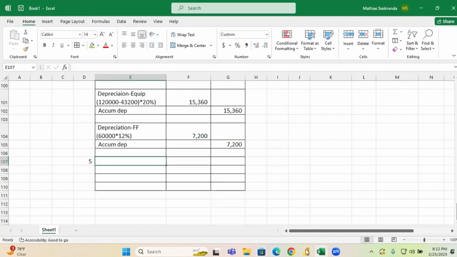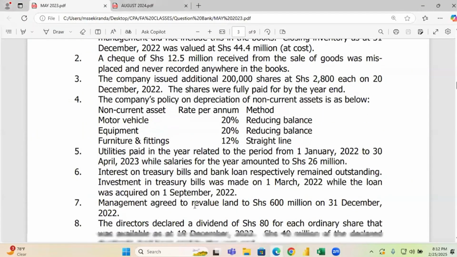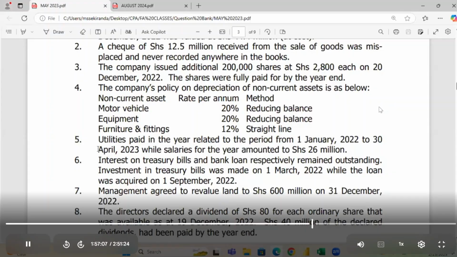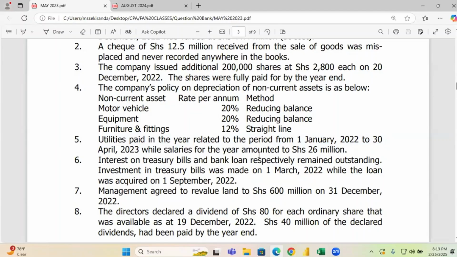Okay? Note number 5, utilities paid in the year related to a period 1st January 2022 to 30th April 2023, while salaries for the year amounted to 26 million. Still, you realize this, they are testing accruals and prepayments. So the utilities paid, we have a prepayment here.